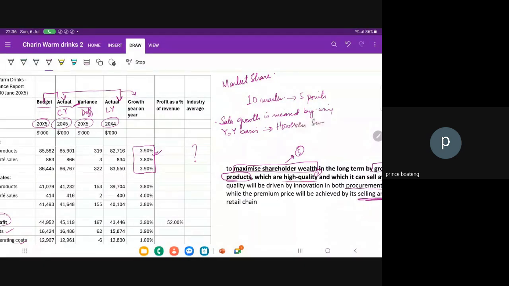However, since this will not capture the fact whether the company is moving in line with the industry average or not, therefore industry average should be mentioned in the report.